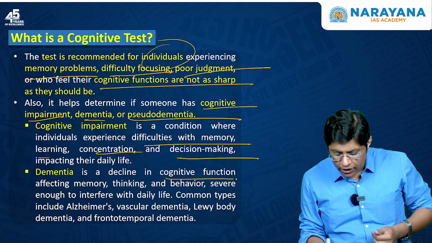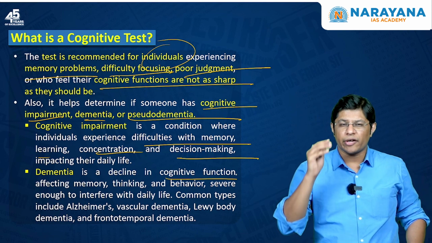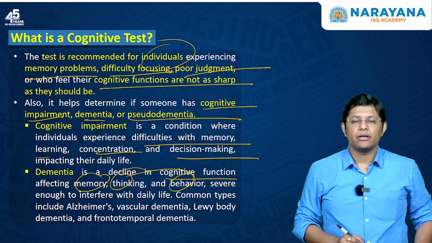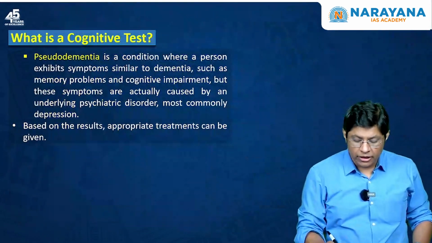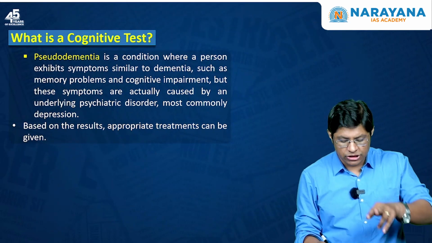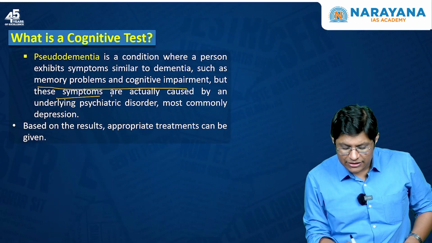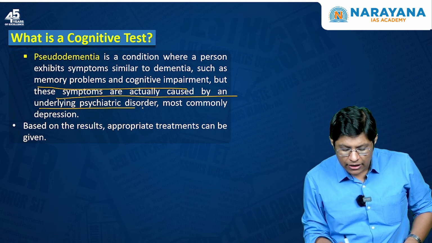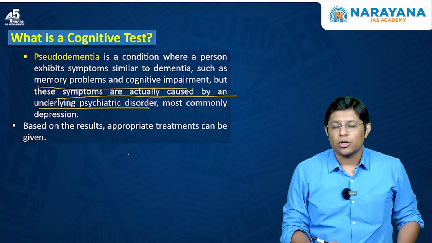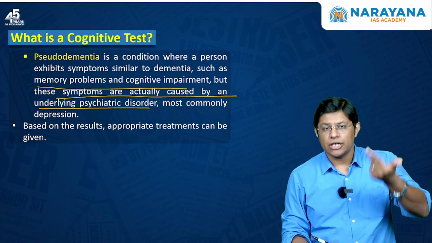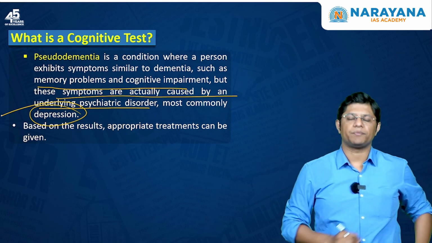A decline in cognitive function, which means when you have dementia, it affects your memory, thinking, behavior. And then what is pseudo-dementia? It is similar to dementia, with memory problems, but these symptoms are actually caused by an underlying psychiatric disorder. That is, this is the consequence of some psychological disorder like depression.